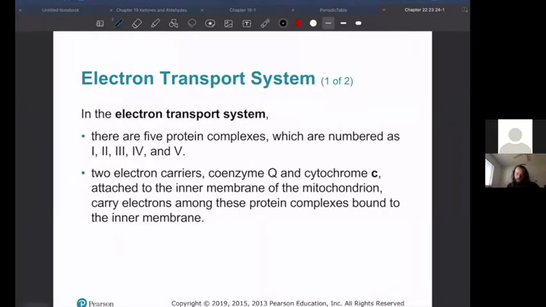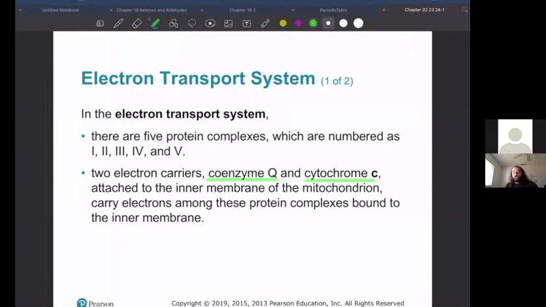Okay, so in the electron transport system, there are 5 protein complexes numbered 1 through 5. These are the enzymes that are doing this work. There are also 2 electron carriers, coenzyme Q and cytochrome C, okay? Again, I kind of glossed over the role of those coenzymes, the NADH and the FADH.